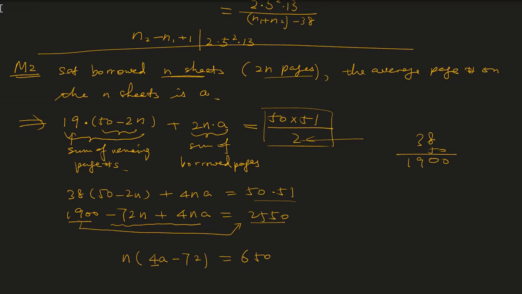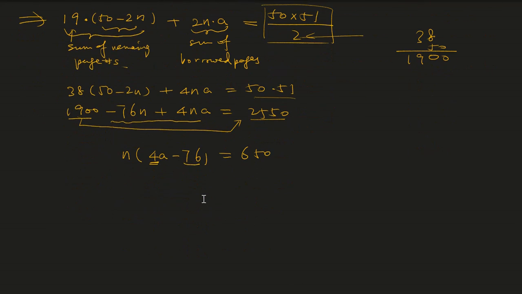Hold on a second. There's a typo here. This is not 72. This is 76. So let's correct that. That's 76. Good. So now let's factor out another 4, because 76 is also divisible by 4. So this equals 4 times n times a minus 19, and it equals 650.